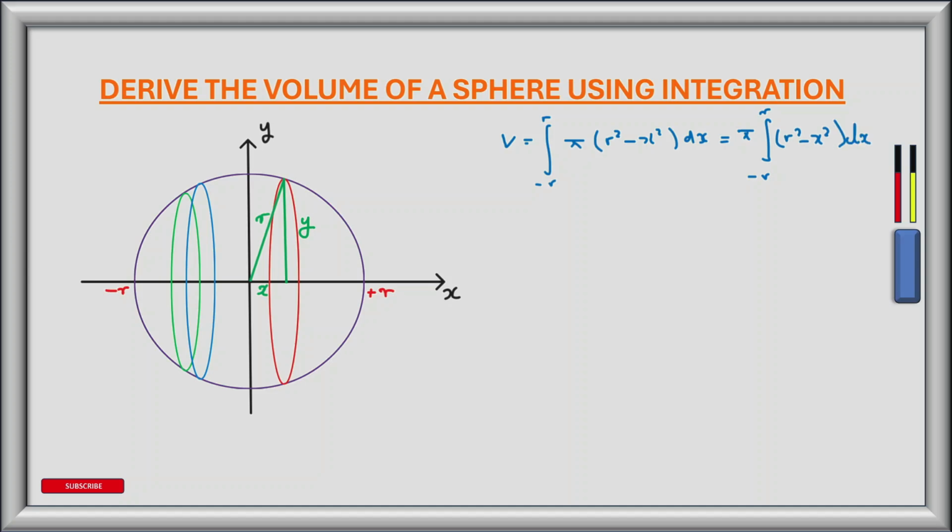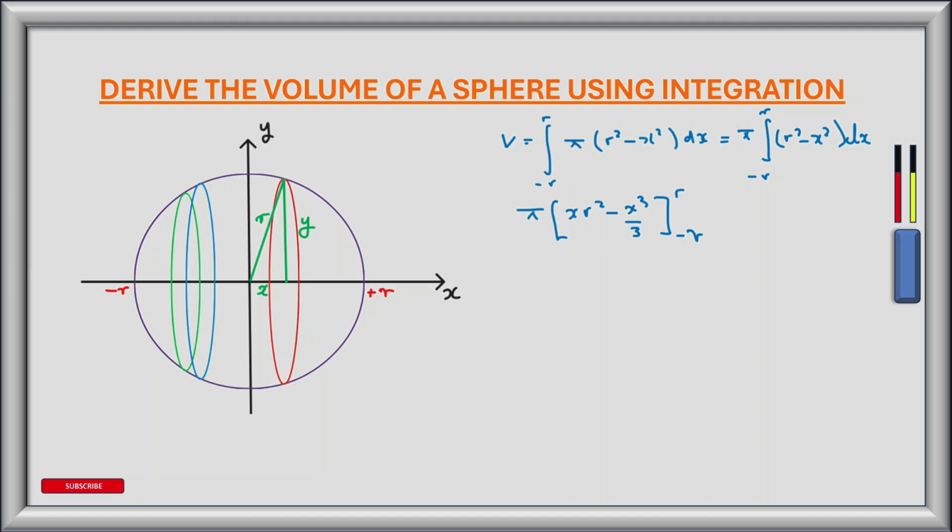If we integrate this, we get pi into integrating r squared, we get x r squared minus, and the integral of x squared is x cubed divided by 3, and that's from minus r to r.